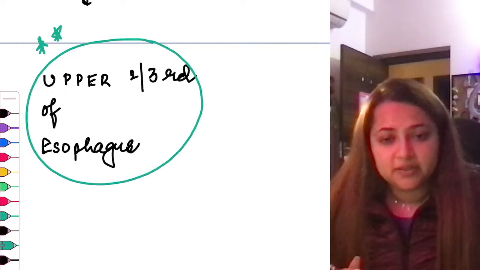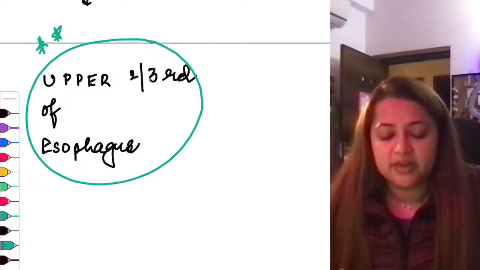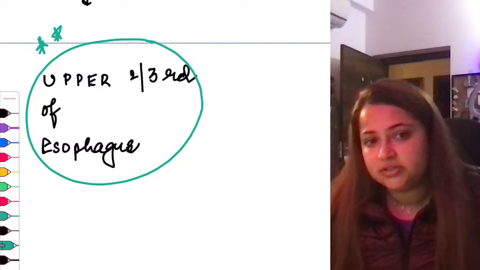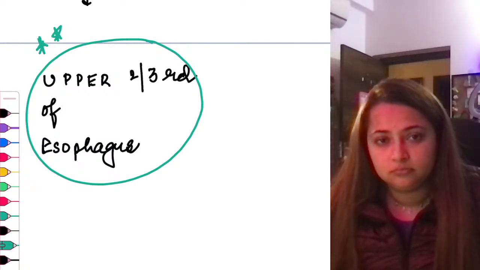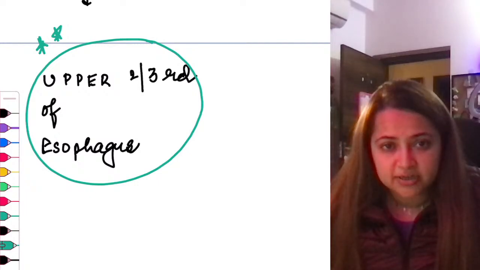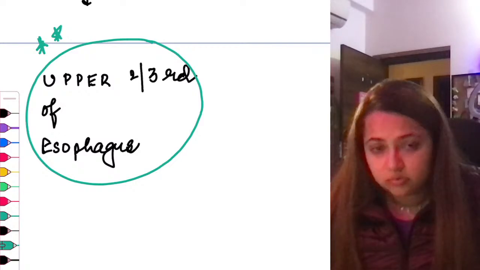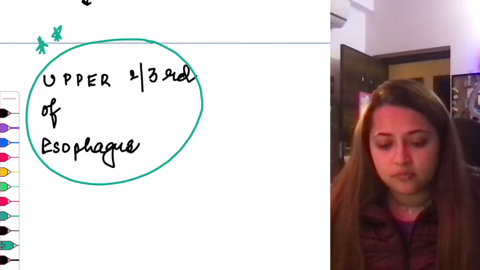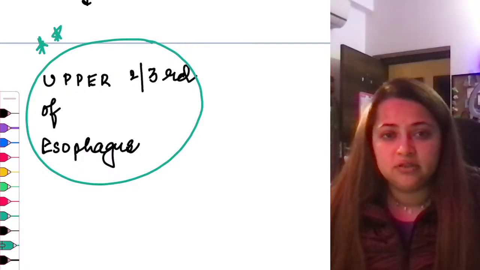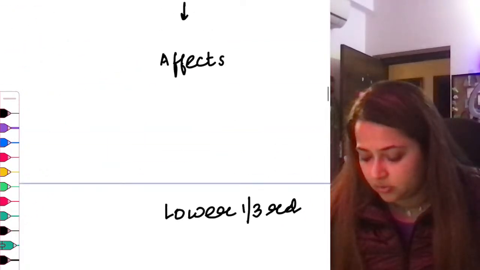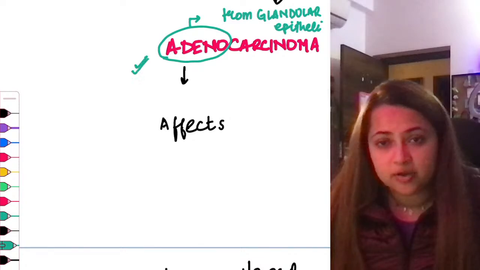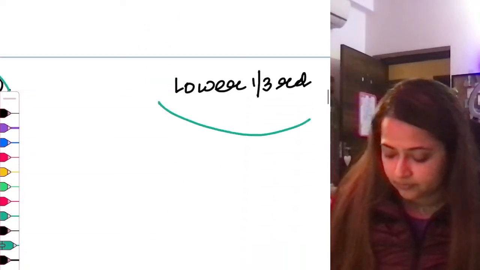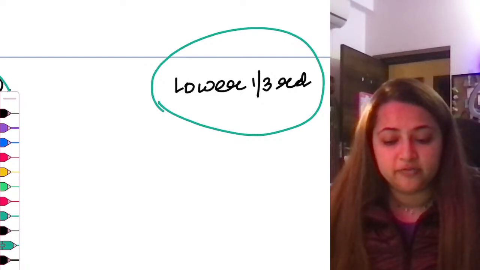So imagine in the question it is mentioned that the patient had chronic GERD and ultimately developed esophageal carcinoma, and it was found to be the squamous variety. Where would it involve? The upper two-third of the esophagus. Similarly, the adenocarcinoma of the esophagus would affect the lower one-third. So you should know the differences.